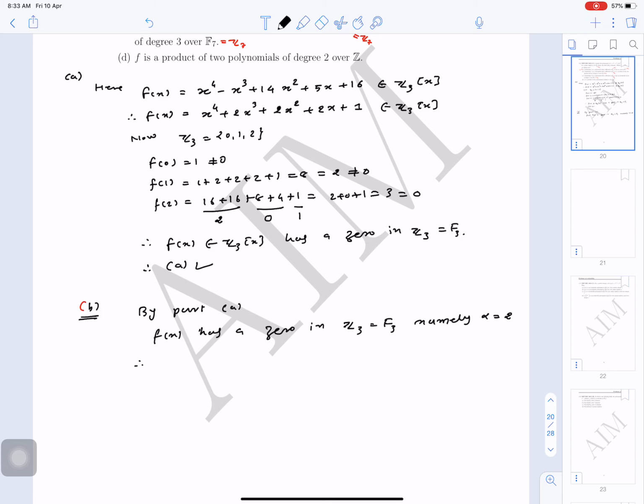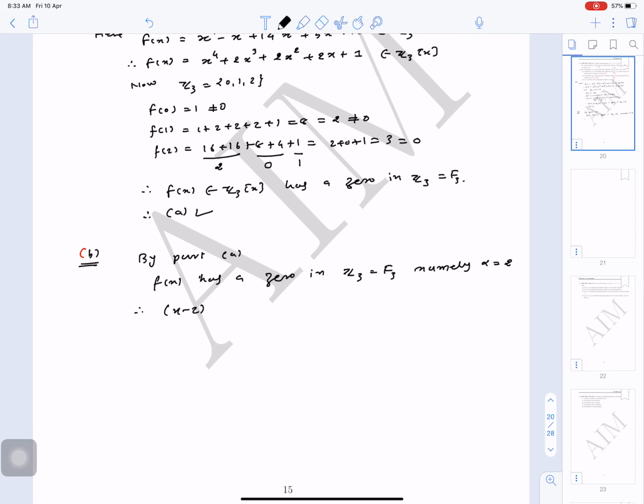So therefore x minus 2 is a factor of f(x).